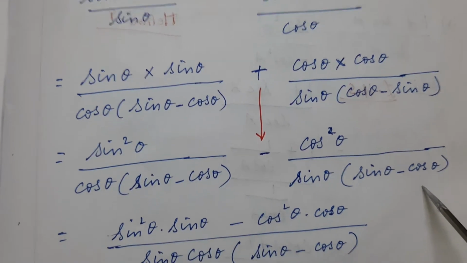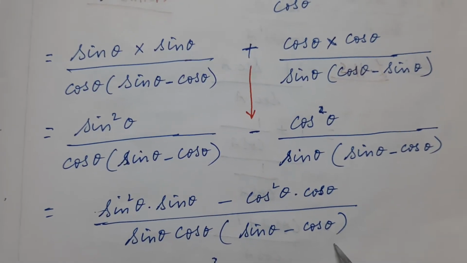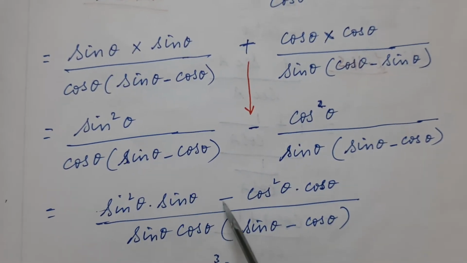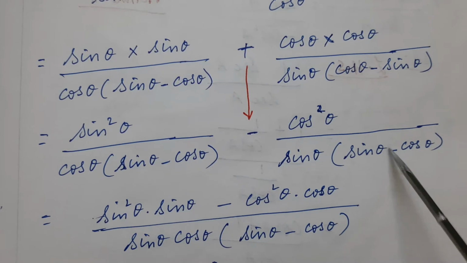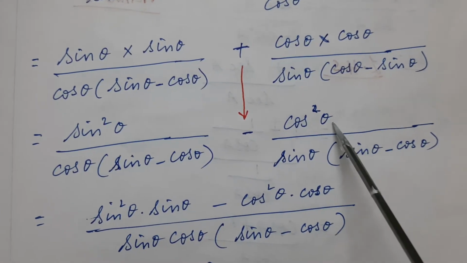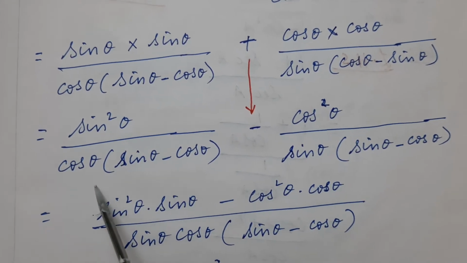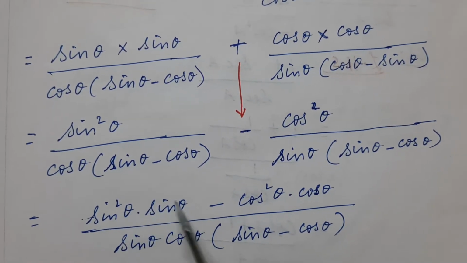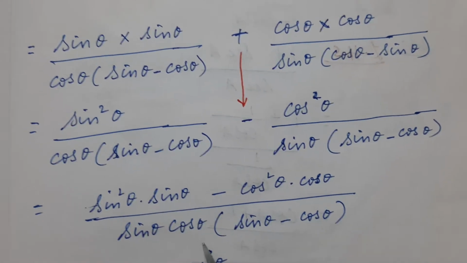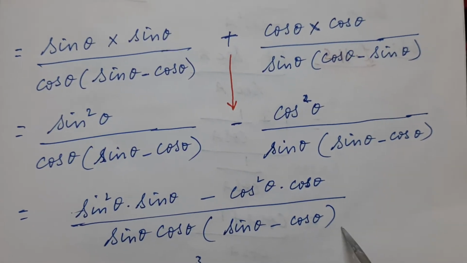So when I take LCM, I can write sin theta minus cos theta as it is and multiply this cos theta into sin theta. Now both are same, so I just want to multiply sin square theta into sin theta minus cos square theta into cos theta. So I got sin square theta into sin theta minus cos square theta into cos theta by sin theta cos theta into sin theta minus cos theta.